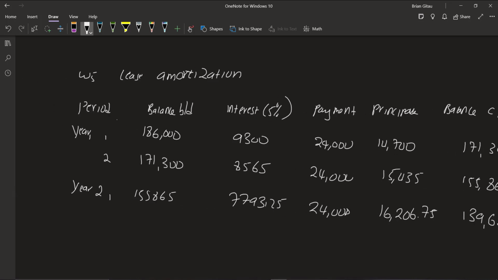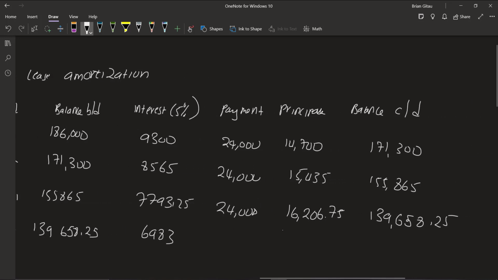Lastly, we go to period 2. We start with 139,658.25. So 5% of that is giving us 6,983. The payment is still 24,000.